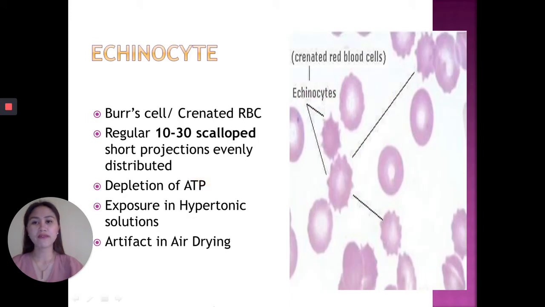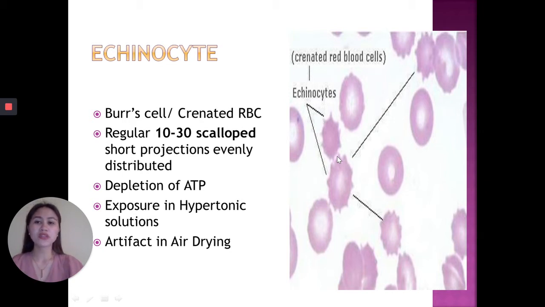Next, we have echinocyte. Echinocyte is also known as Burr cell or crenated RBC. As you can see, unlike the acanthocyte, the projections are shorter and the spikes are distributed equally.